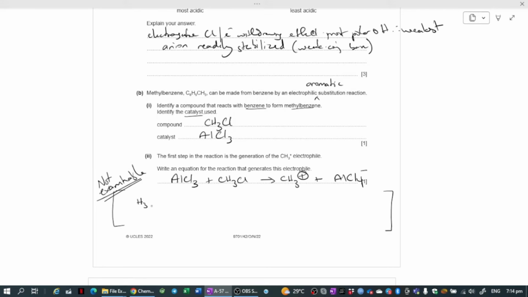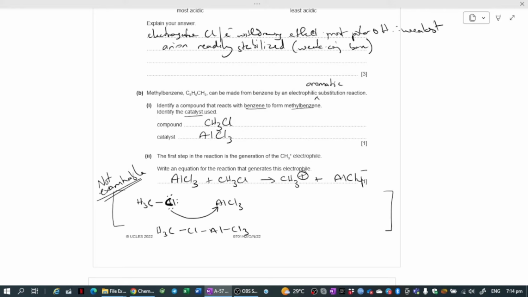What happens is you have this is Cl, the chloromethane, and then you have AlCl3. We should know that aluminium can expand its octet, right? And we have a lone pair here on the chlorine. This lone pair forms a bond with the aluminium, so we get this system forming.